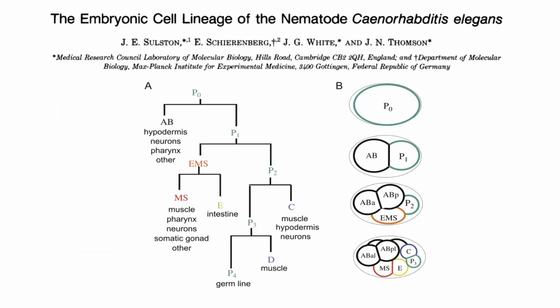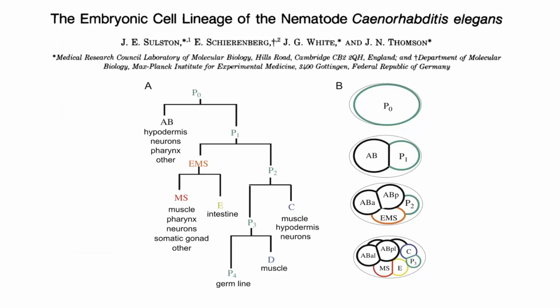Okay, so this is the next big paper, Sulston, Schierenberg, White, and Thompson. So this was 1983. Now they took it all the way back to the beginning. So the first paper, the Sulston and Horvitz paper, was just the post hatching to adulthood.